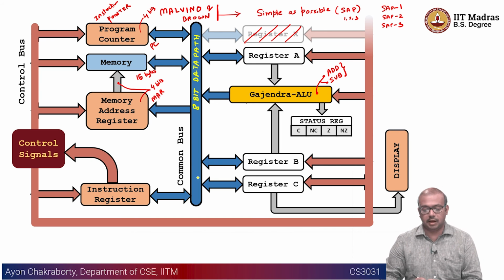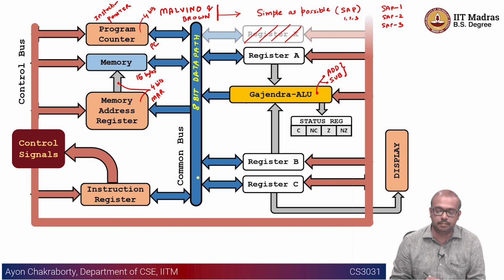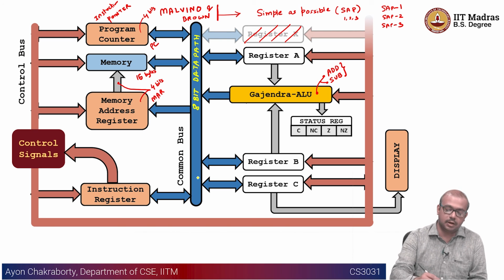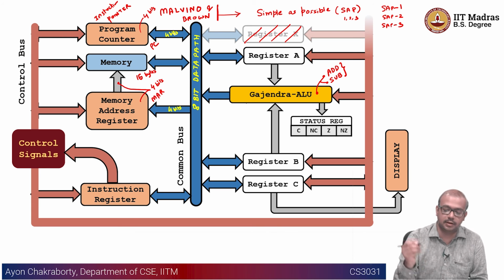But whenever you are setting the values inside the memory address register or the program counter, we need to be careful about how these bits are manipulated. So we can have a convention that maybe the least significant 4 bits are the part of the address, or some kind of an agreement has to be there, because only 4 bits are meaningful here, and here also only 4 bits are meaningful, okay.